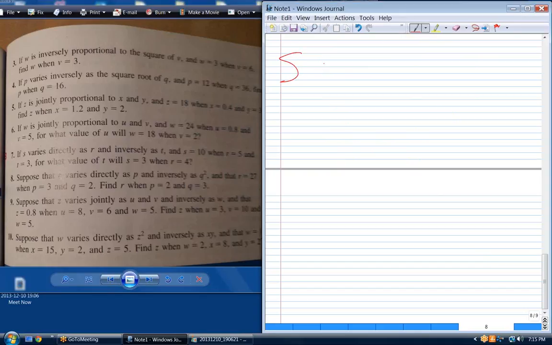S varies directly as R and inversely as T. Would this one be S equals K times R divided by T? Uh-huh. Okay, and then it'd be 10 equals K times 5 divided by 3.